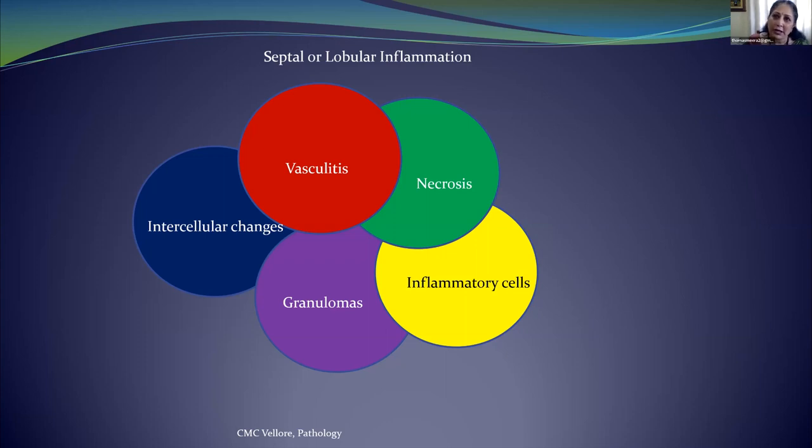Then you look for granulomas, which can have either granuloma annulare or a sarcoid or a gout or erythema nodosum or, not ENL, erythema induratum of Bazin, which can be seen in TB. All of them can have granulomas. The next change you should look for is other intercellular changes.